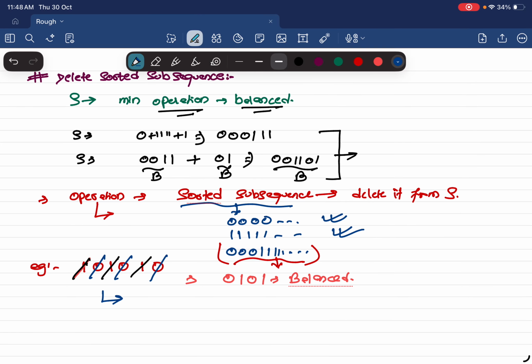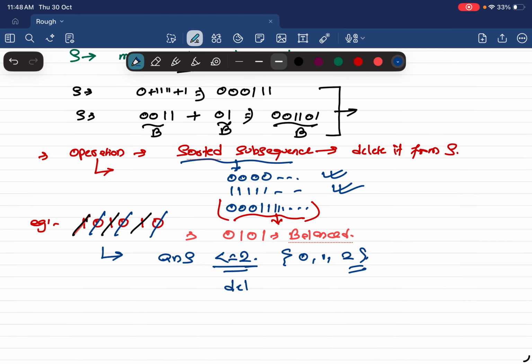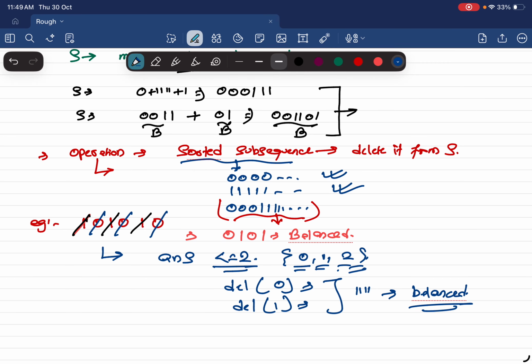Now can I summarize that your answer will always be less than or equal to 2, or to be more particular, it will be 0, 1 or 2, because you can delete all the occurrences of zeros and all the occurrences of ones, you will get an empty string, and that is balanced. So your answer will be 0, 1 or 2.